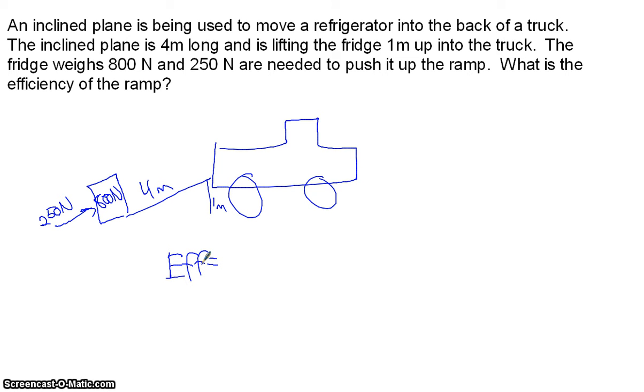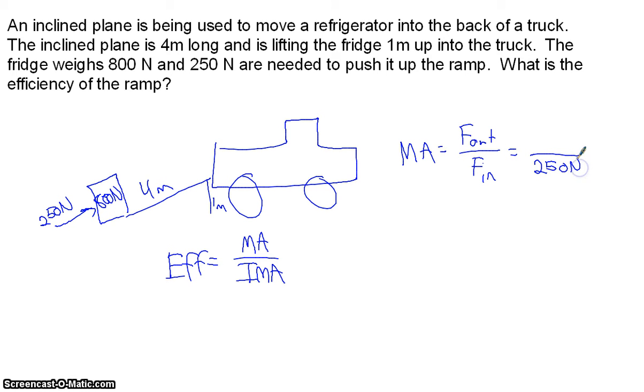So efficiency can be solved in a couple different ways. The easiest way, I think, to look at efficiency in most cases is comparing the mechanical advantage to the ideal mechanical advantage. So here we have a mechanical advantage related to our force out divided by our force in. We are putting 250 newtons into the job.